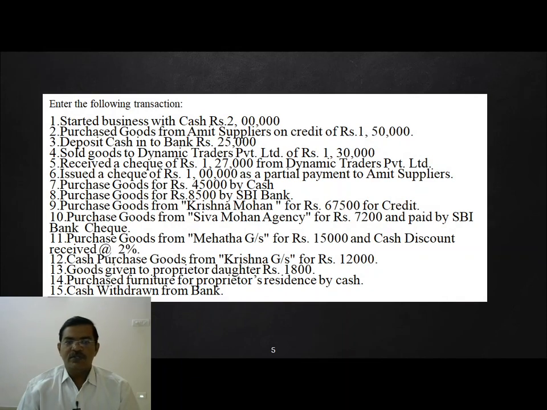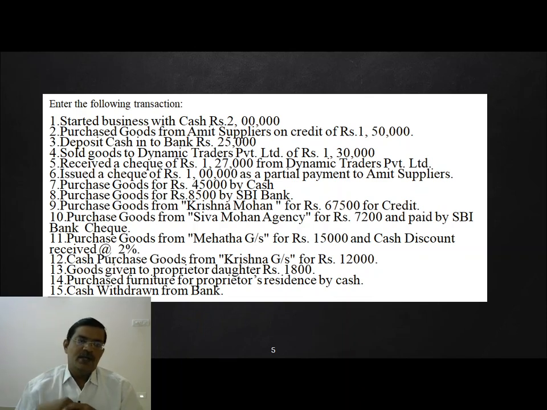Started business with cash of rupees 2 lakhs. Purchased goods from Amit Supplies on credit for rupees 1,50,000. Cash deposited into bank, rupees 25,000. Sold goods to Dinesh Traders Private Limited for rupees 1,30,000.